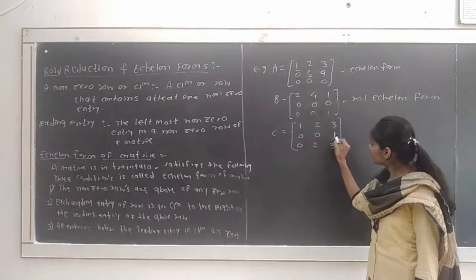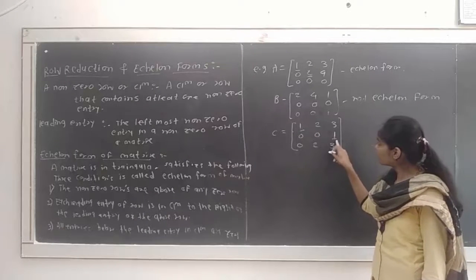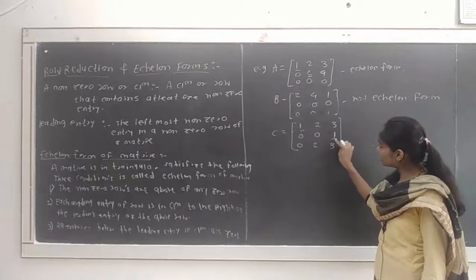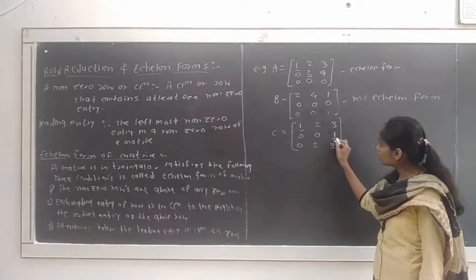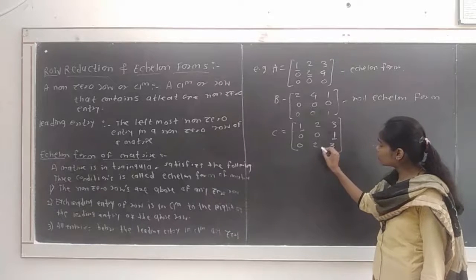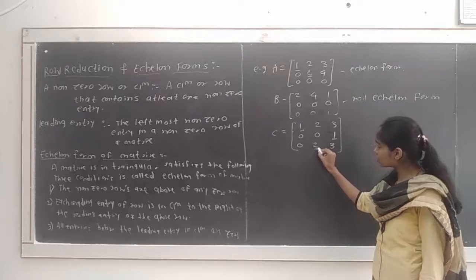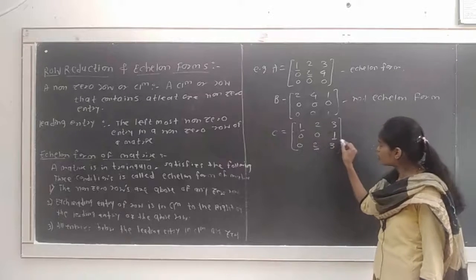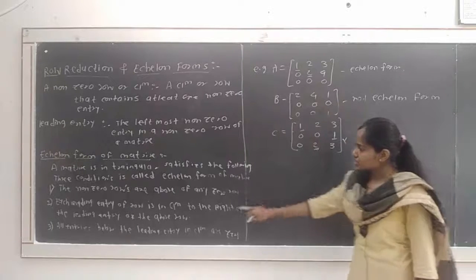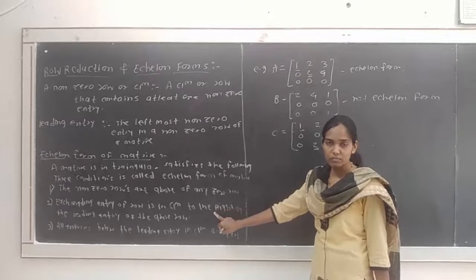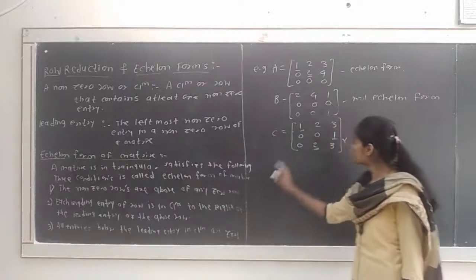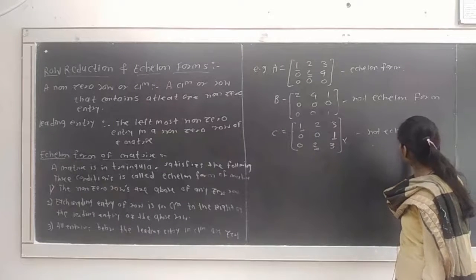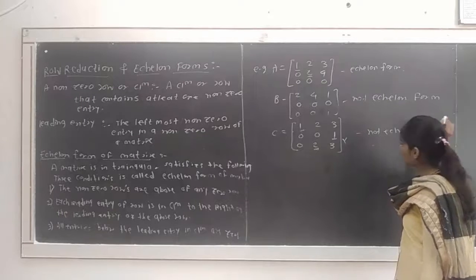Here the leading entry of this row is to the right of the leading entry of the row above. But if we consider these two consecutive rows, then the leading entry of this row is not to the right of the leading entry of the row above. So for these two consecutive rows, the second condition fails. So it is also not an echelon form, or the matrix is not in echelon form.